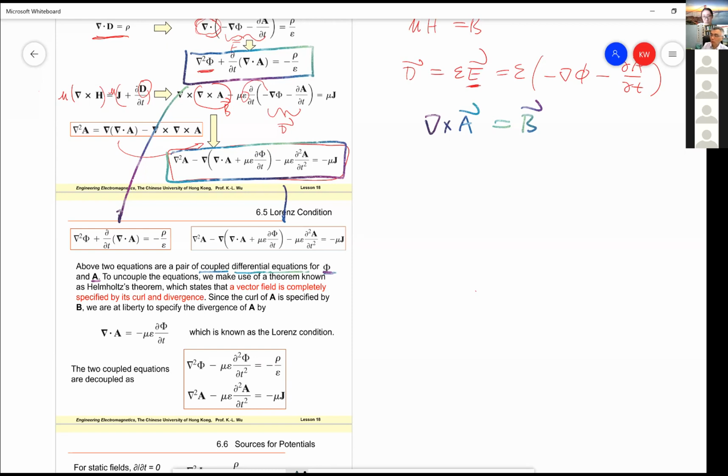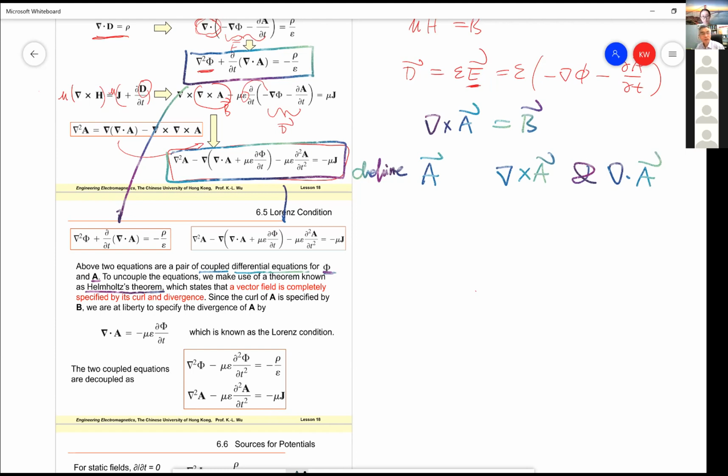we have a very famous law we call the Helmholtz theorem. What that means is that to define a vector field A, we must define its curl and divergence.